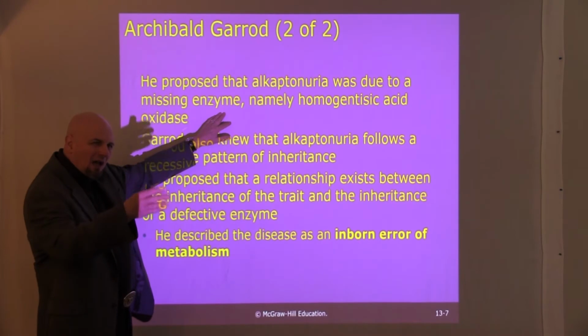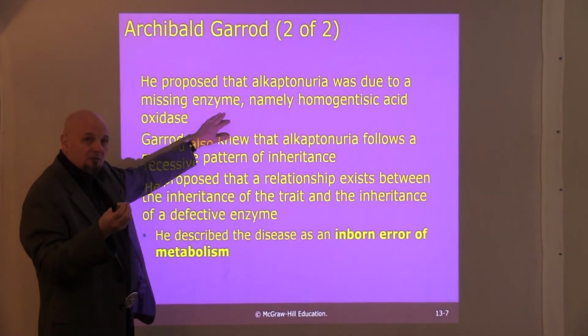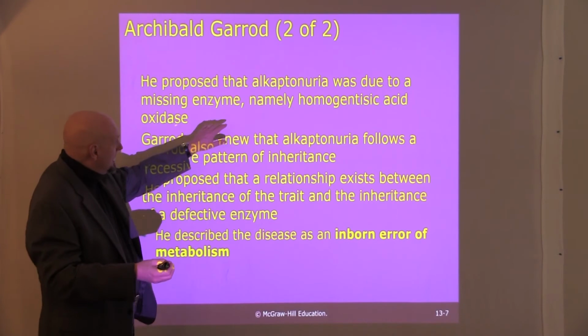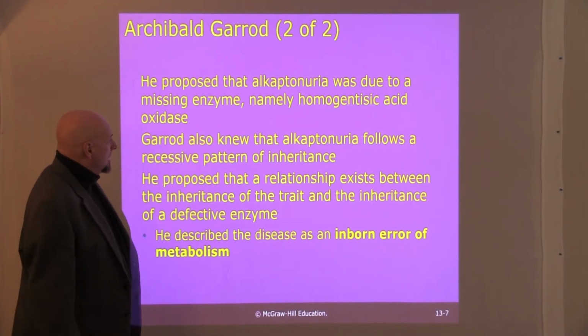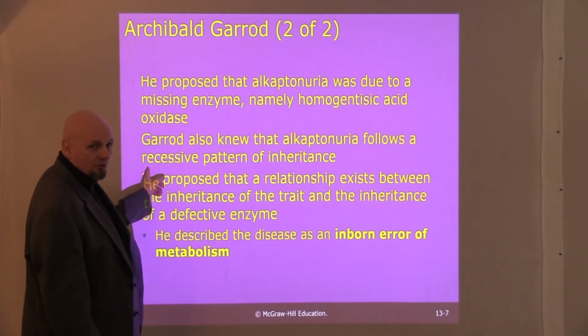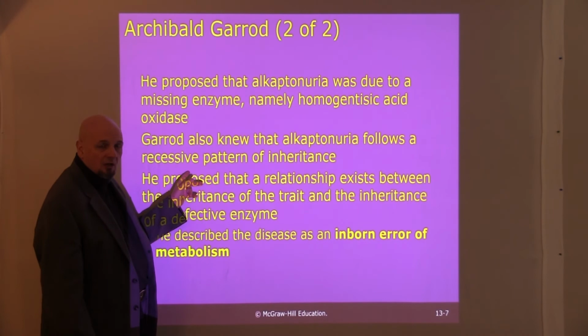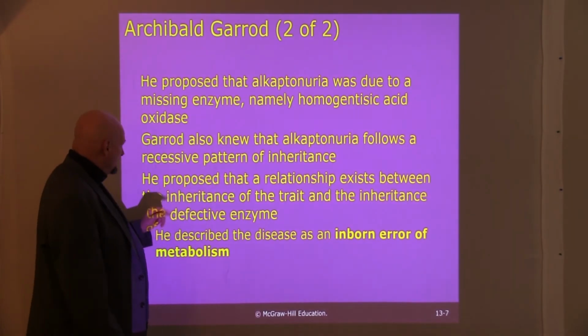About this time, people were exploring enzymes. They were starting to discover enzymes in natural products that would carry out reactions. He named the enzyme homogentisic acid oxidase. He also noted, based upon Mendelian genetics, that there was an inherited, recessive pattern of inheritance, so he followed that.